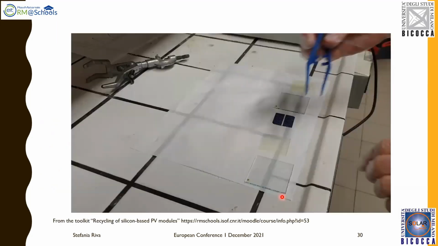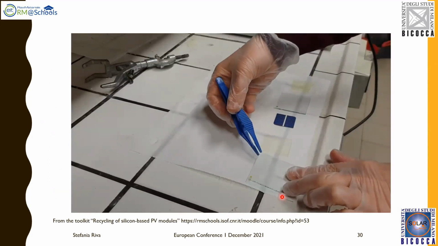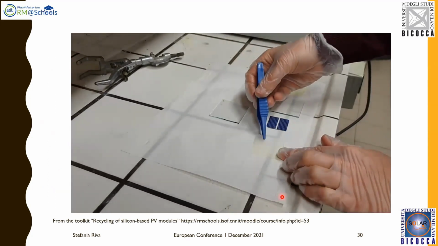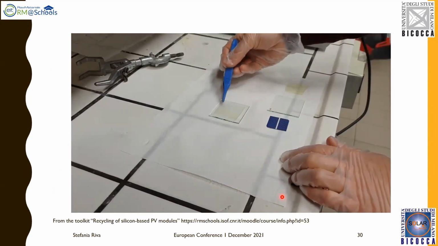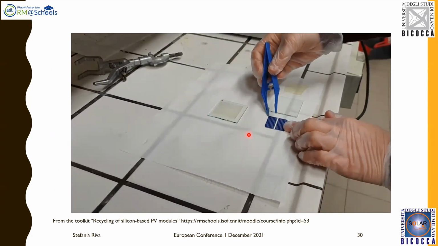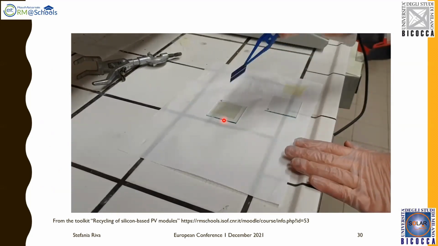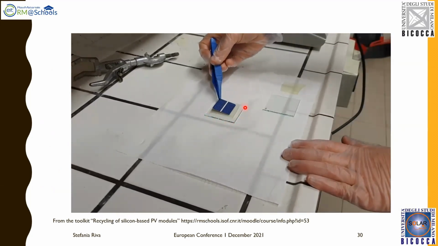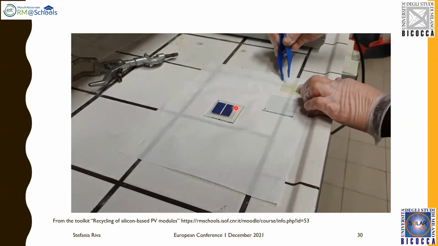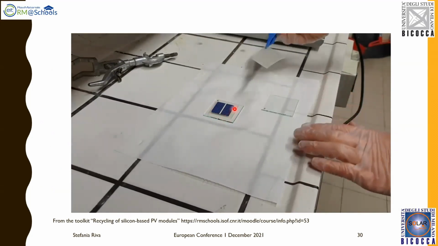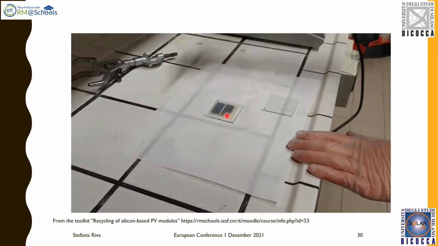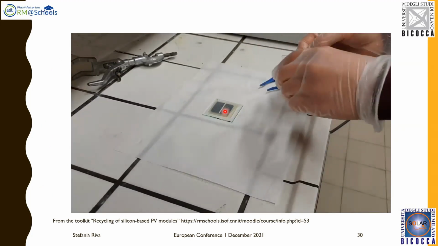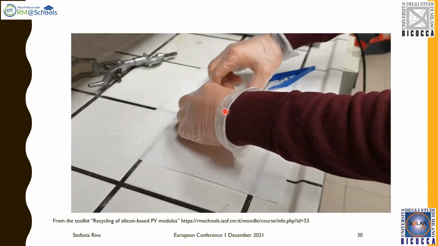Here is a video from the toolkit on recycling of silicon-based PV modules. It's a video made at the University of Milano-Bicocca, where you can see the assembling of a little module. Here is the glass, then the polymer, the silicon, again the polymer, and the glass again.